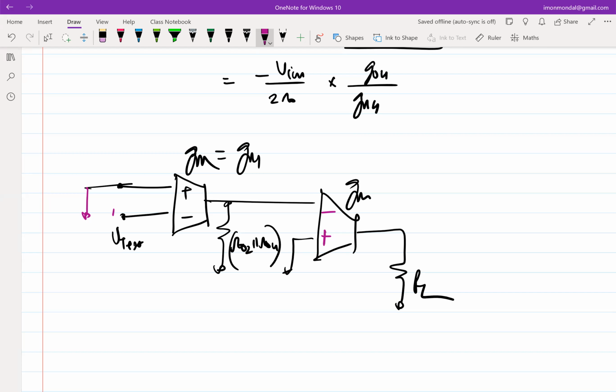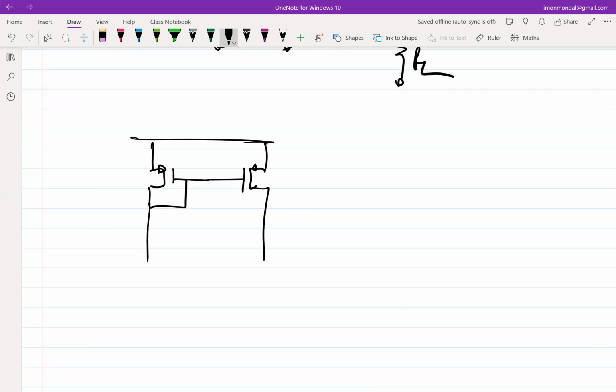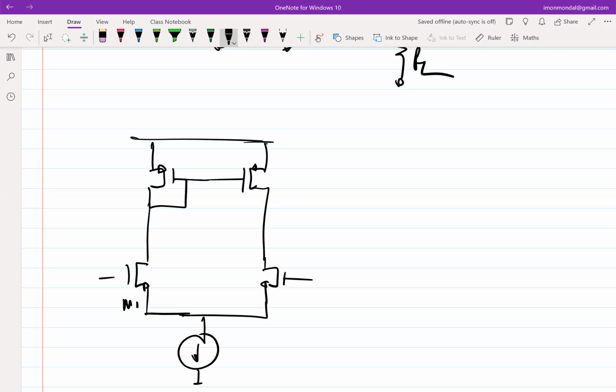Okay, so we can do that. We can essentially say so VB. So I'm showing in the open loop case, all right?